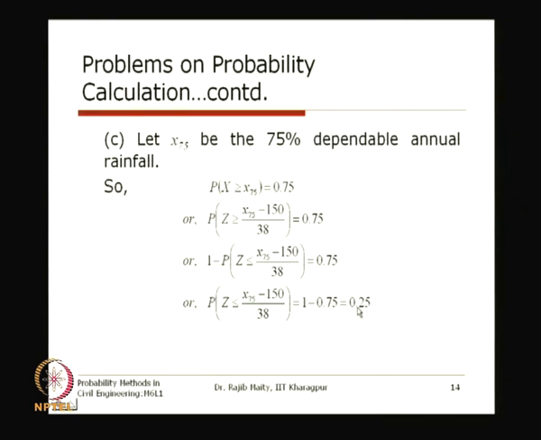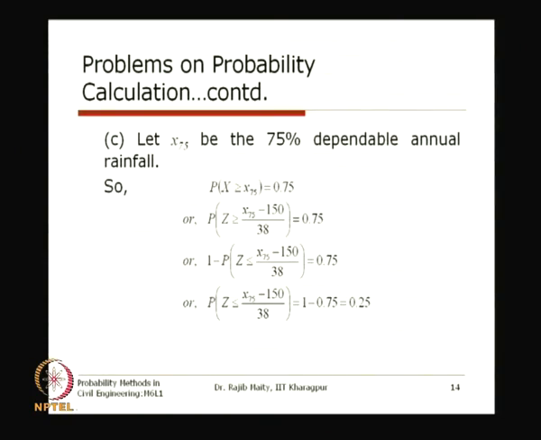Now how will we make use of the table? We don't know what the z is, but we know the probability covered. So from the table we have to find the probability equal to 0.225, and corresponding to that, find the z quantile.